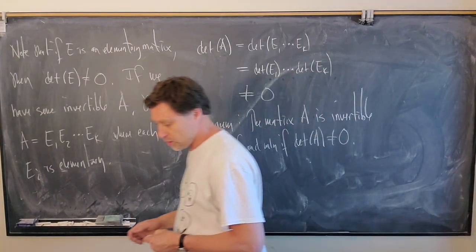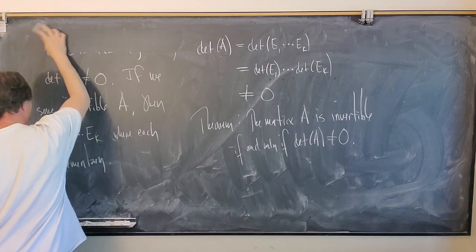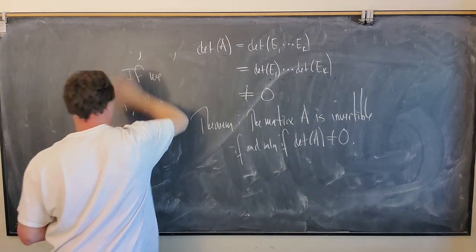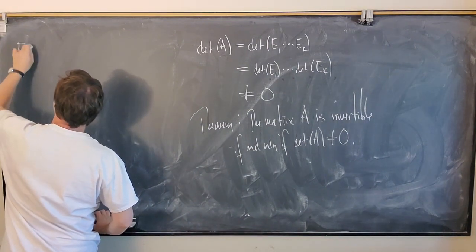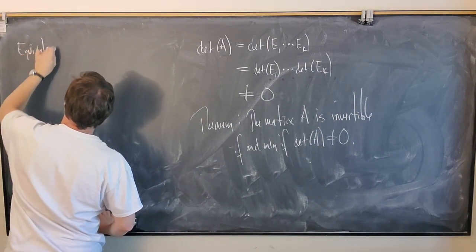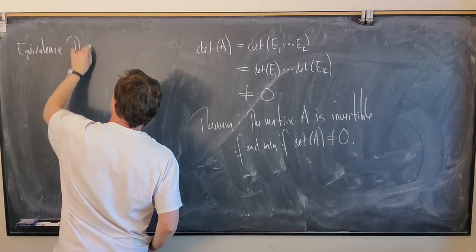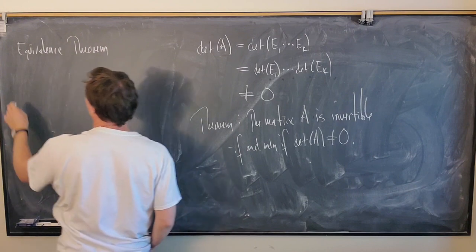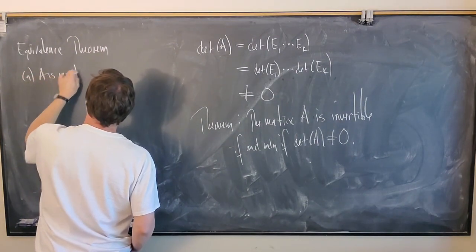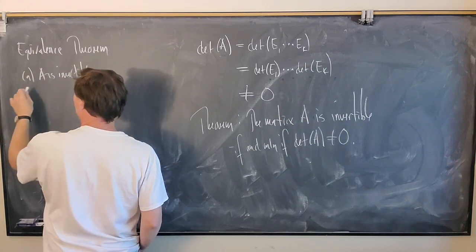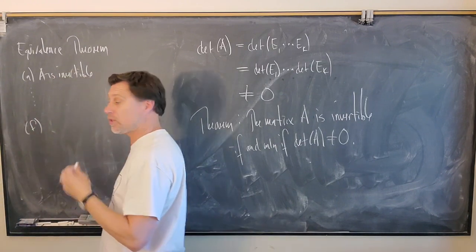Now, we have this theorem called the equivalence theorem. You don't need to write this down, but hopefully you've already started your list. So far we have part A, that A is invertible, and then a bunch of statements that are equivalent to A being invertible.